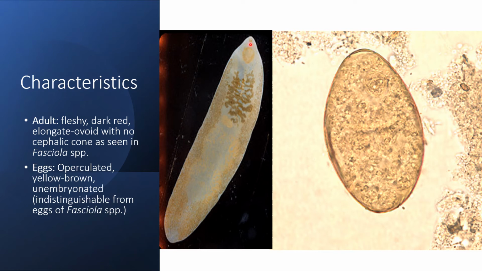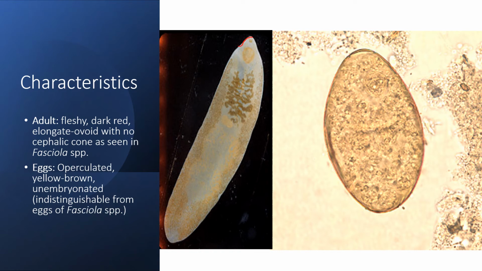So what is that cephalic cone? If you look at the mouth, the anterior end, there is just a light concavity that curves continuously into the body. Unlike Fasciola, where it is very prominent, with a base, and then it flattens out, something like this.